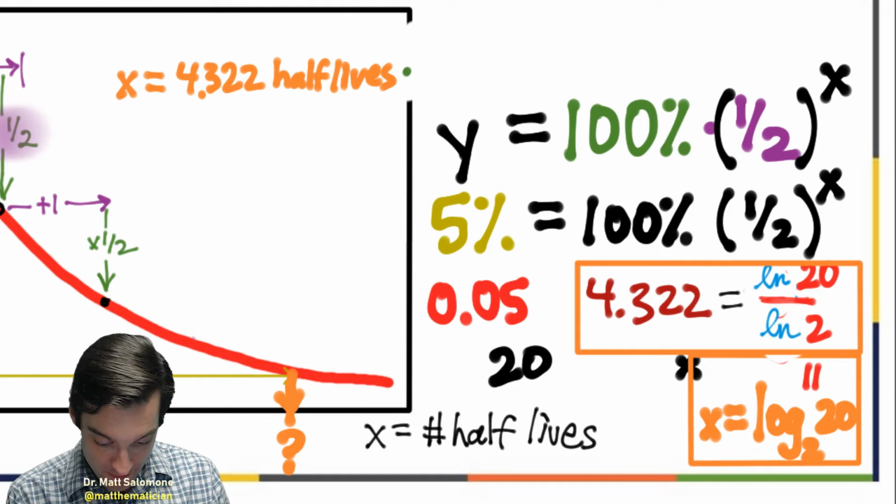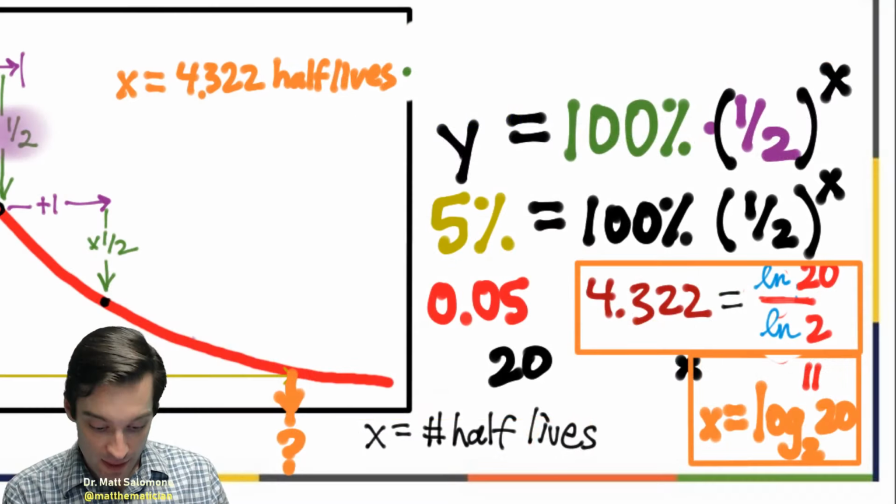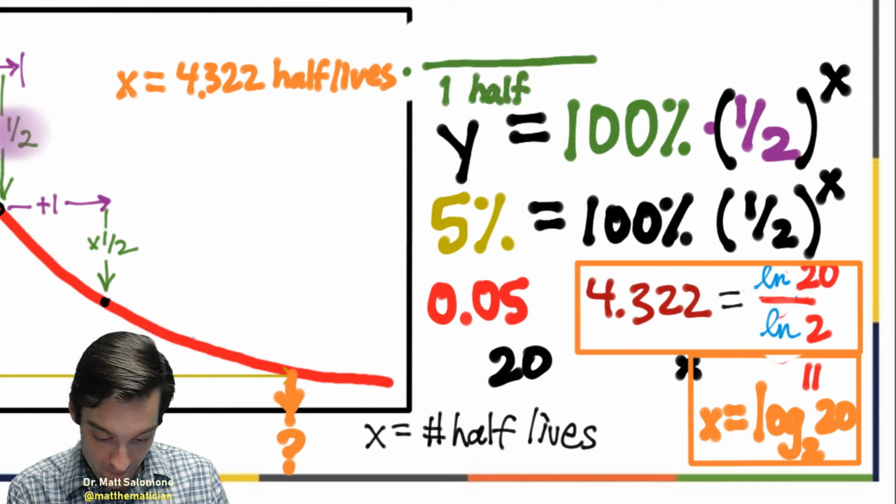And that relationship, according to our statement of the problem, is that every half-life is 5,730 years, so I'll just multiply by that conversion factor that says 1 half-life is the same as 5,730 years.